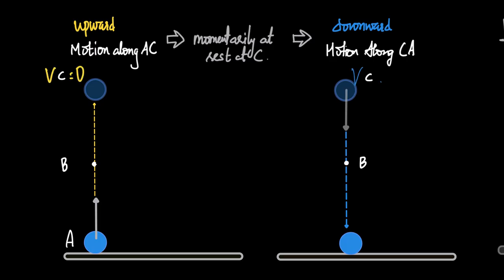And then the downward motion is to be considered as one being dropped. Why? Because at the maximum point, velocity at C is equal to 0 and it moves down and reaches A. And in both cases, it is crossing the point B, which is at a height h by 3 from the ground.